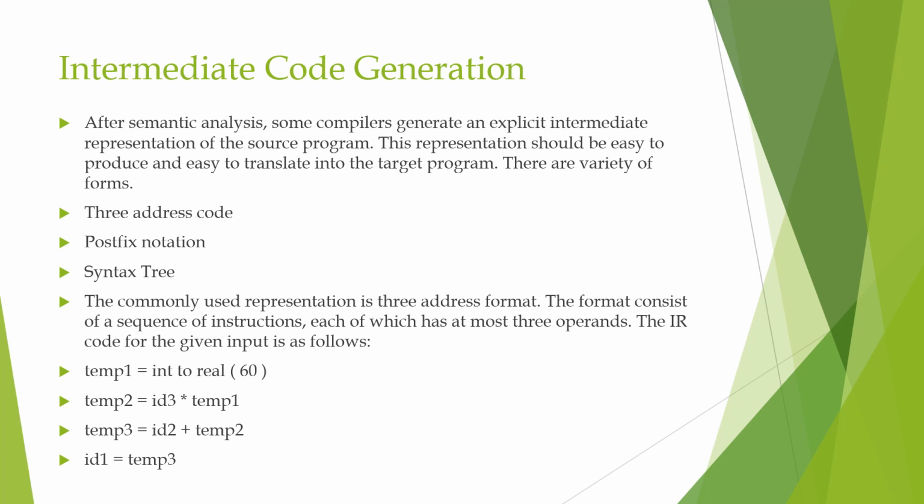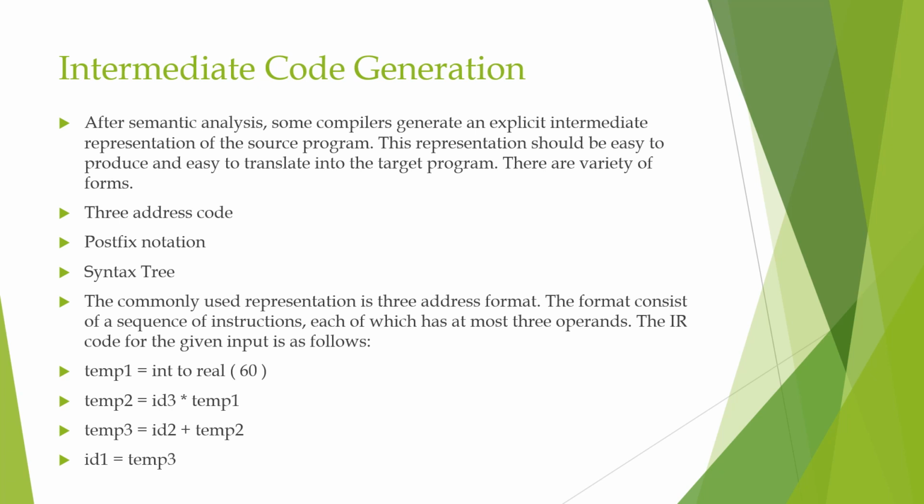Commonly we will use the three address format. The format consists of a sequence of instructions, each of which has at most three operands. Students, you know what the operands and operators are, right?